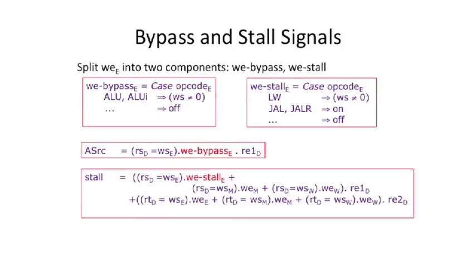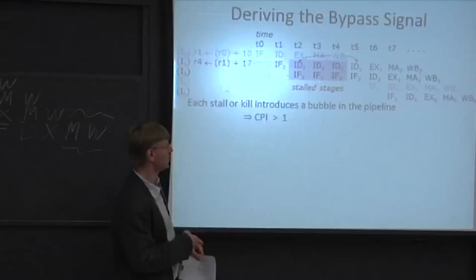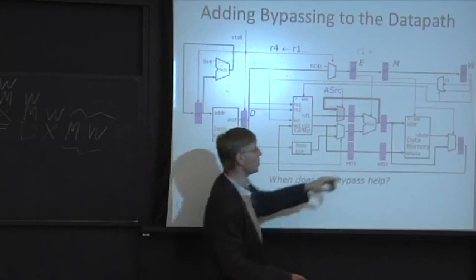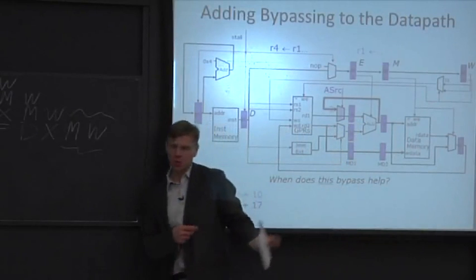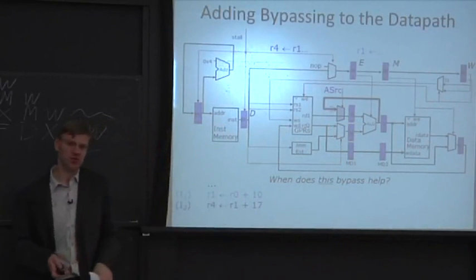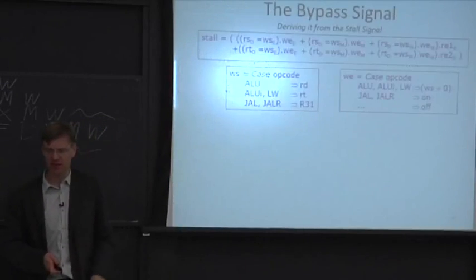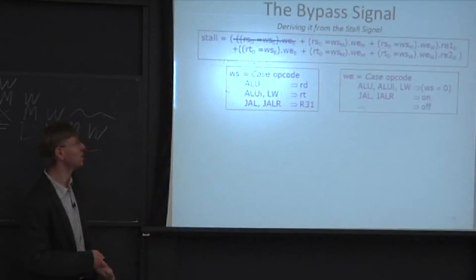Because the jump and link register, in at least this data path, we only have this multiplexer here, register 31 at the end. You could build data paths which have different multiplexers for that, and you might be able to remove that clause from this.